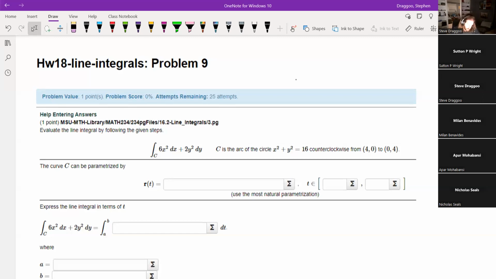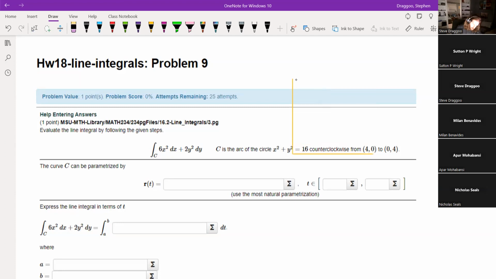For this first one, we want to integrate this function along an arc of the circle x squared plus y squared equals 16. We're going to be going specifically from (4, 0) to (0, 4).